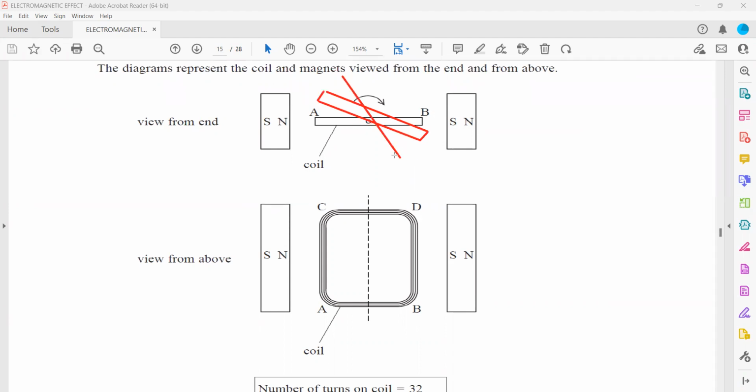Then this will be the new position. Then this is the new position. So as a result, what will happen? The angle of the coil is continuously changing with the magnetic field. So as the angle of the coil is changing with the magnetic field, the change in magnetic flux linkage or rate of change of magnetic flux linkage will also change. That's why the induced EMF is not constant.